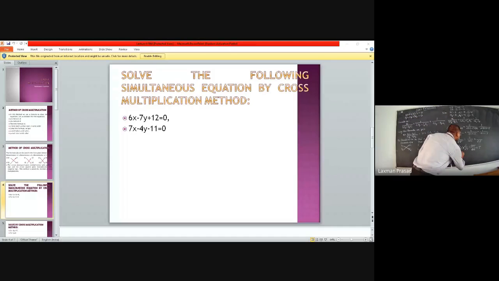Then y upon 150 equals 1 upon 25, again cross multiply, so 150 divided by 25 is 6. The value of x is 5 and the value of y is 6.